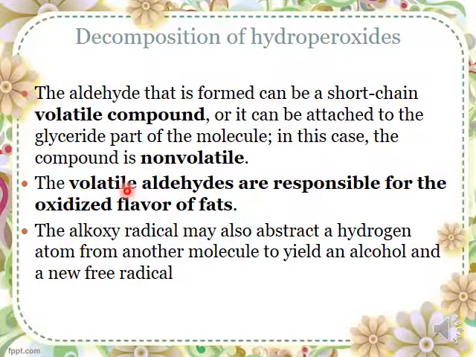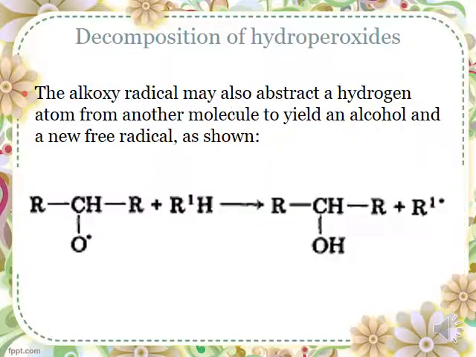which result in rancidity. So this alkoxy radical can also abstract hydrogen from another molecule to yield alcohol and a new free radical, and this can propagate through chain reaction until it terminates.